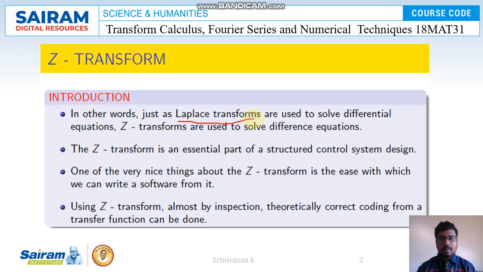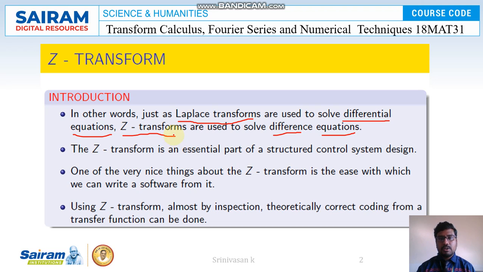The application of the Laplace transform is to solve differential equations, and the application of the Z transform is to solve difference equations. Some kinds of difference equations we can't solve by the normal method. That type of difference equation we can solve very easily by using Z transform. So that is the main application of Z transform.